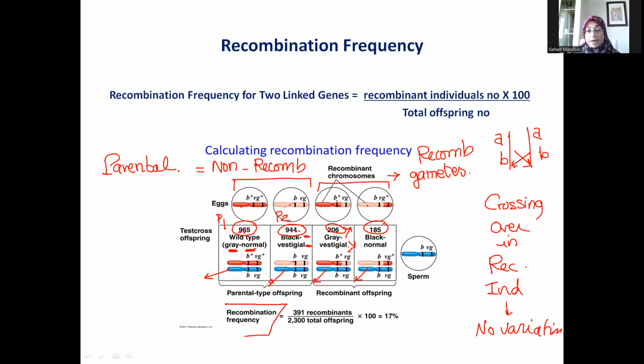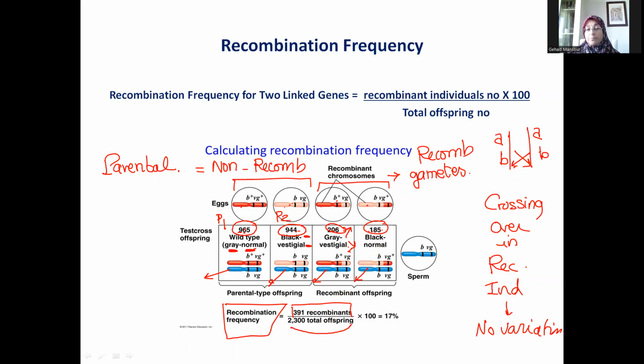So we are not calculating the frequency of crossing over, but we are calculating the recombination frequency. You are going to add up 206 and 185, and this will give you 391 recombinant individuals.